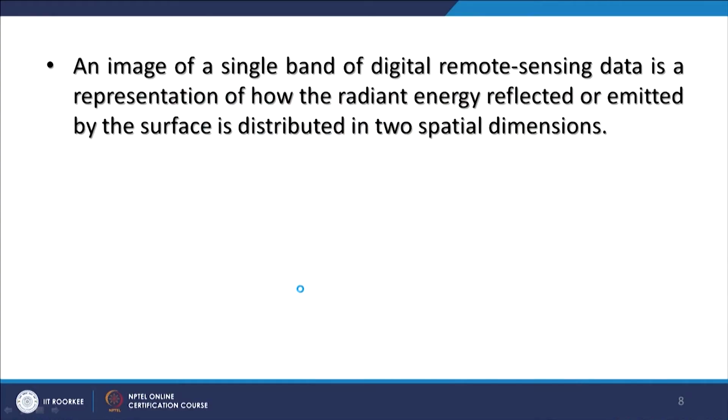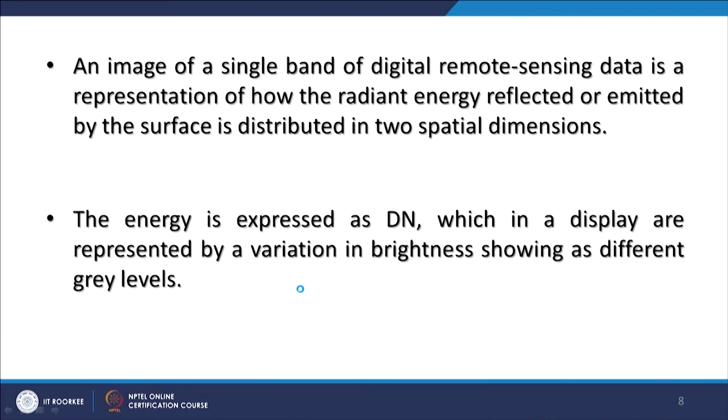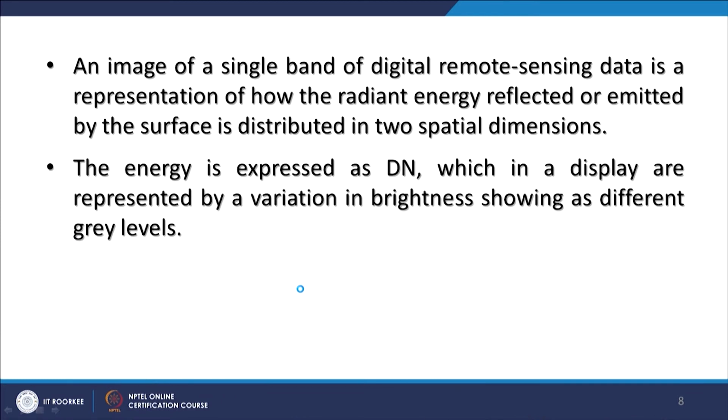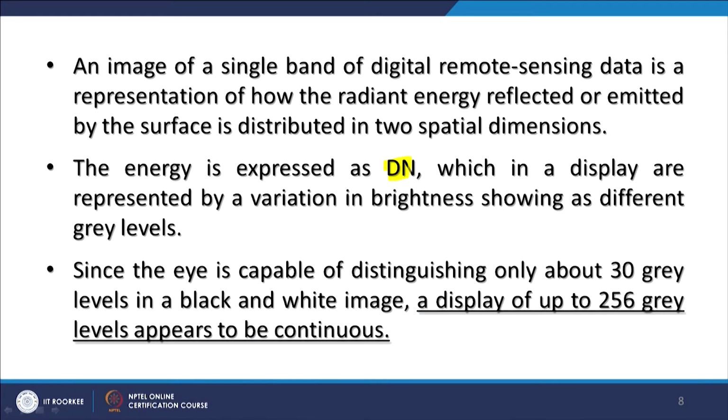A single band image in remote sensing data is a representation of how the radiant energy reflected or emitted by the surface is distributed in two spatial dimensions. And the energy, as you know, is expressed as DN or digital number or pixel value, which is displayed as a variation in brightness.